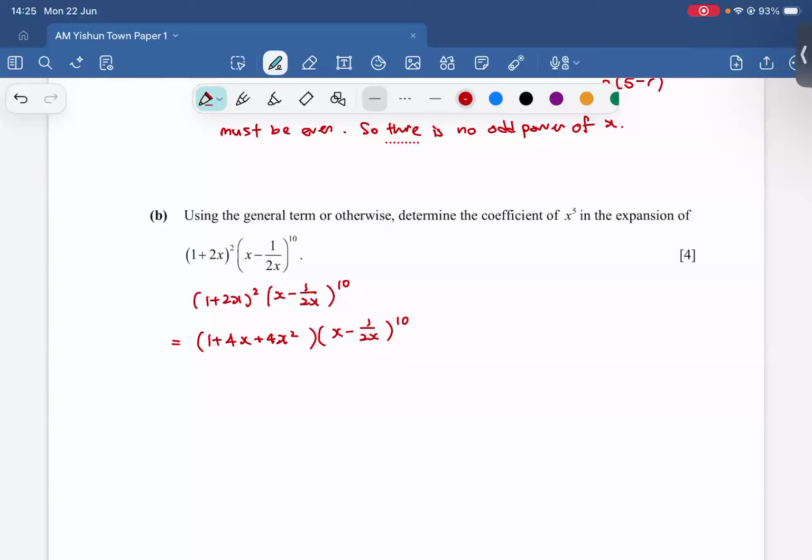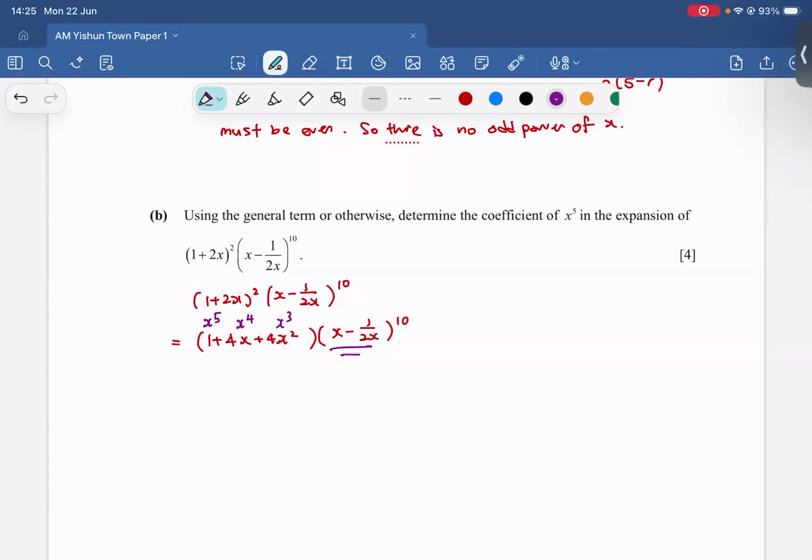So when I expand this, I want x power 5, then I must know what power I need. What power times this will give me x power 5, x power 4, x power 3. So we know we need x power 5, x power 4, x power 3 from this expansion.